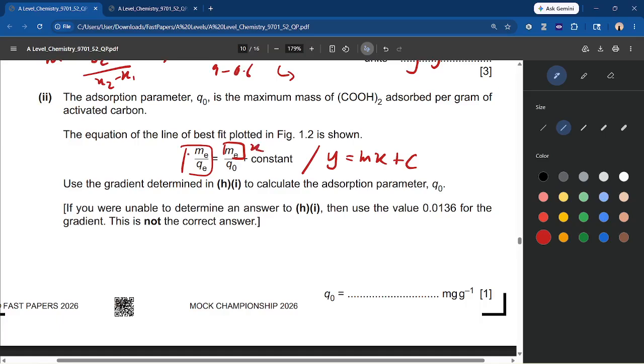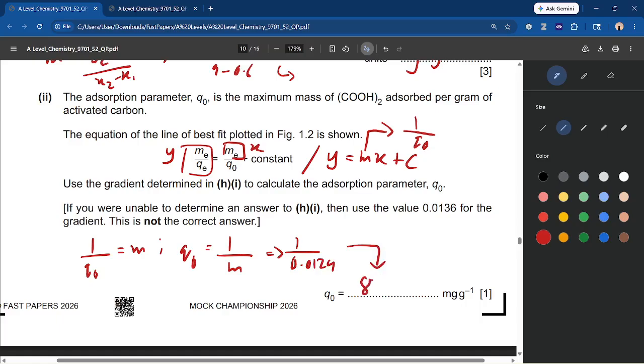That means that the gradient is actually 1 by q0. So 1 by q0 is equal to m. So q0 is equal to 1 by m, which is equal to 1 by 0.0124, which gives us a nice clean 80.65.